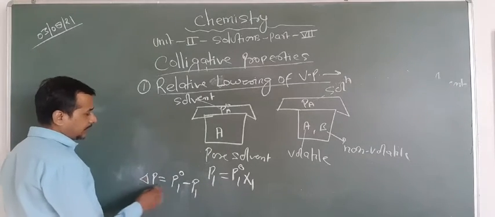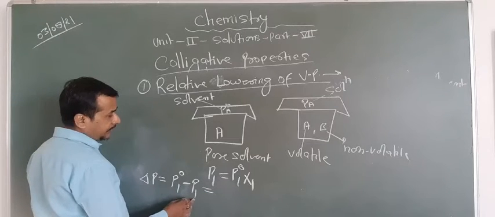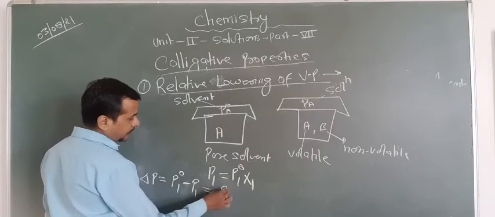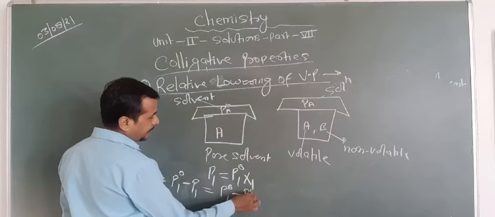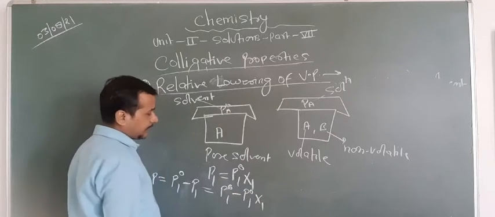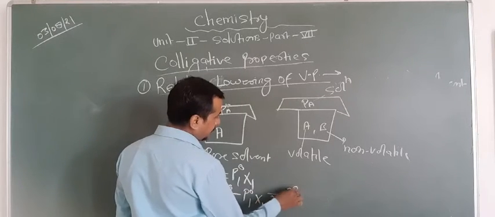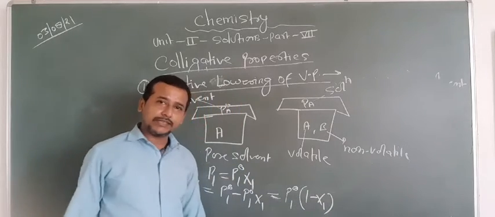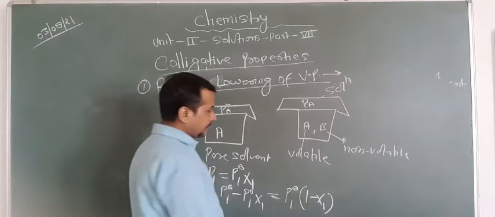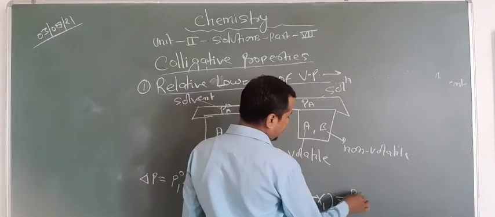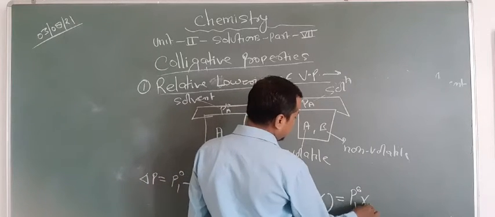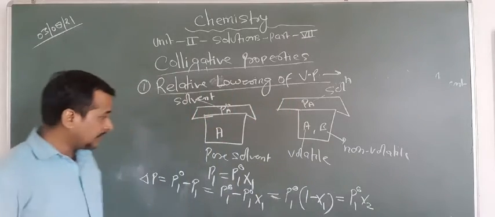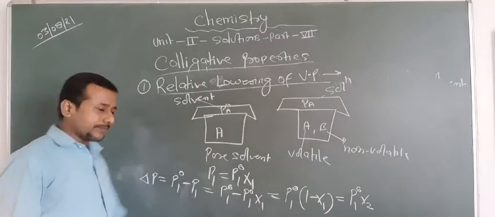Now we know that P1 equal to P01 X1, so put the value here. P01 common, 1 minus X1, and we know that 1 minus X1 equal to X2. So we have to relate this in terms of mole fraction. So this is the reduction of vapor pressure.